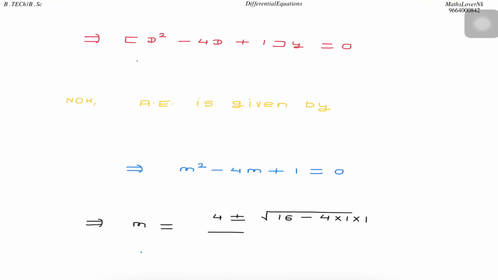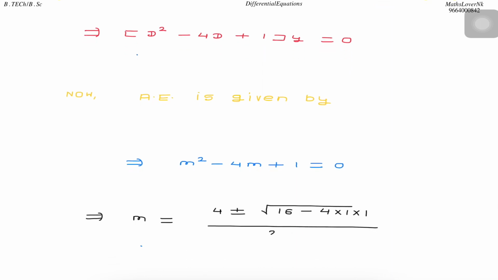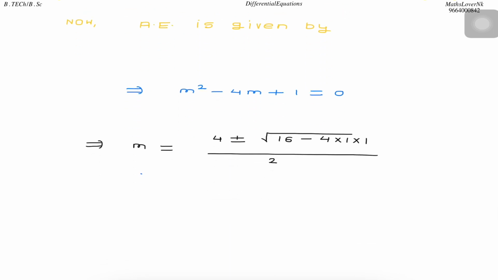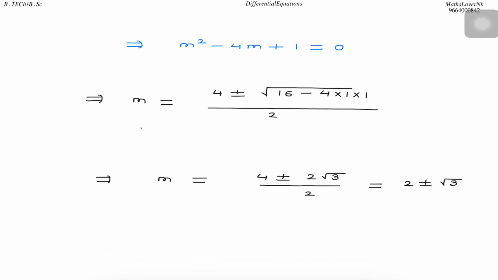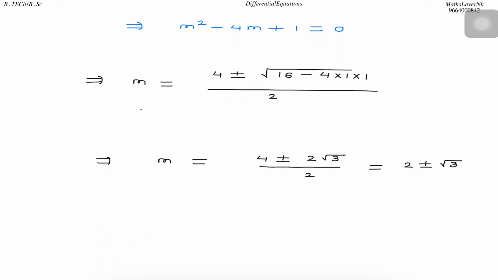A stands for the coefficient of m square. So m is equal to 4 plus minus under root 12. Under root 12 we can write as 2 root 3. Upon 2, from here we get 2 plus minus root 3. Here the roots are 2 plus minus root 3.